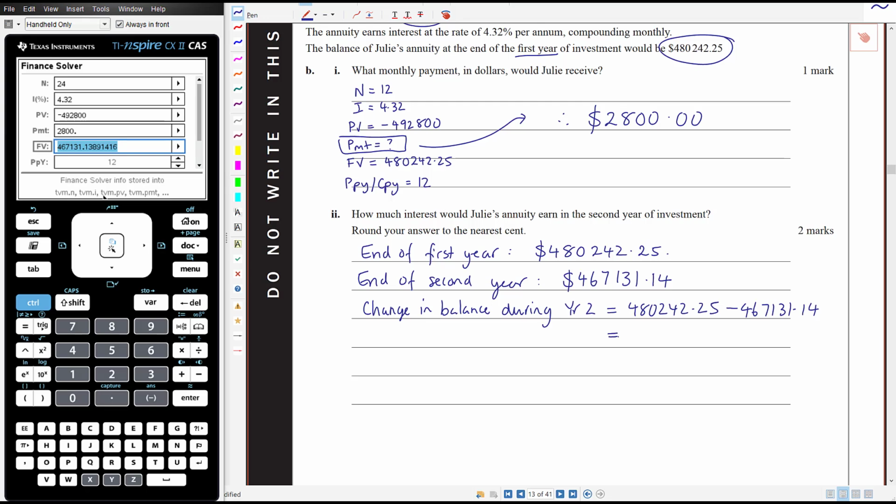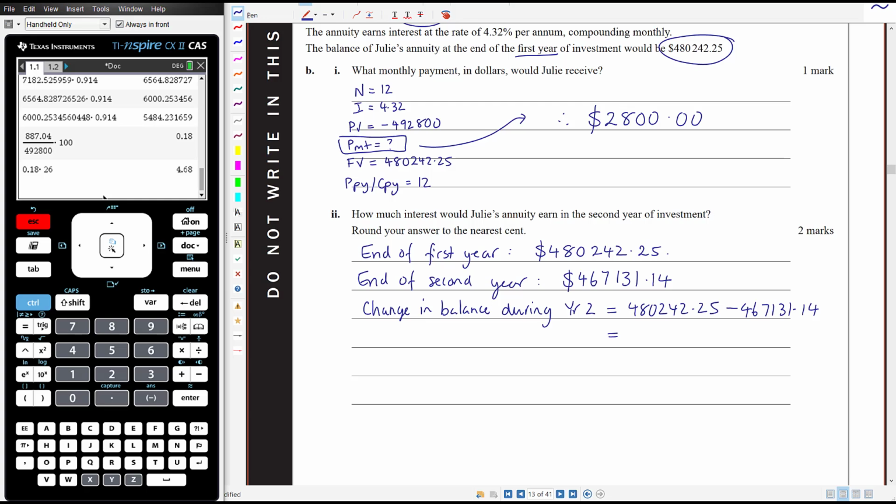Okay, so let's escape out of there. Let's work that out. 480,242.25 take away 467,131.14.